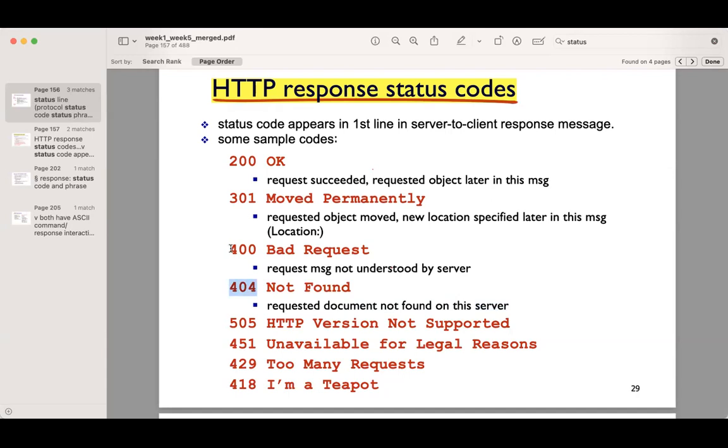So now you know that any status code starting with 4 means the client side made some error in making the request. And the same idea, 5XX, like 505 or 502, will be a server side error. So you can get some idea of how the status code works.